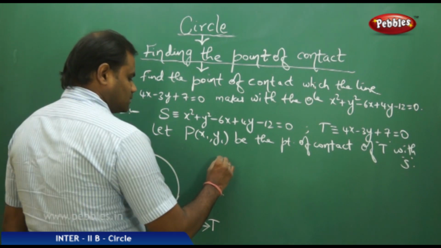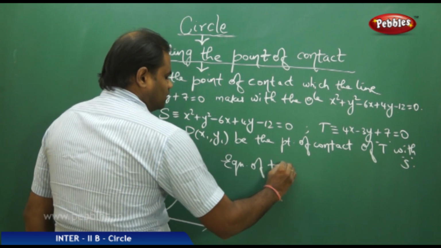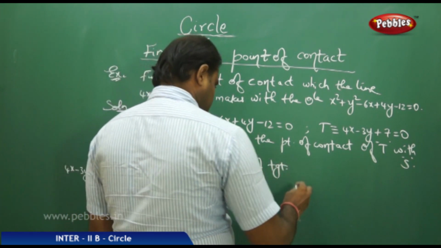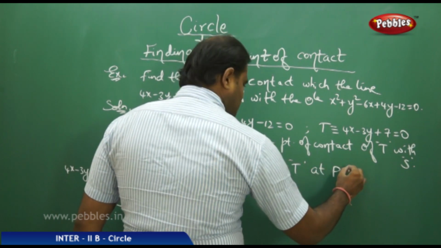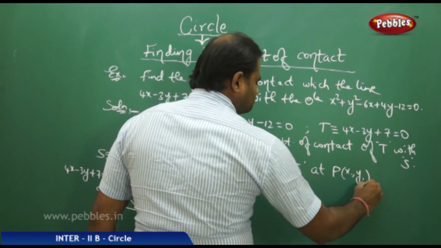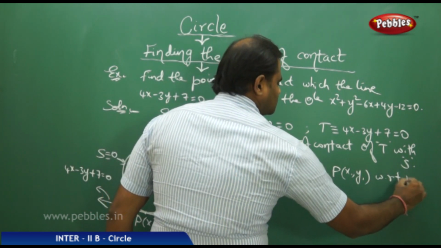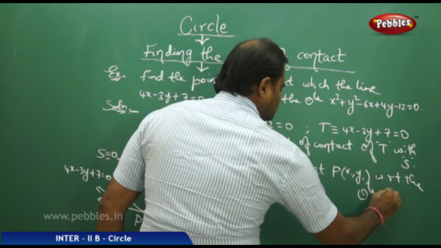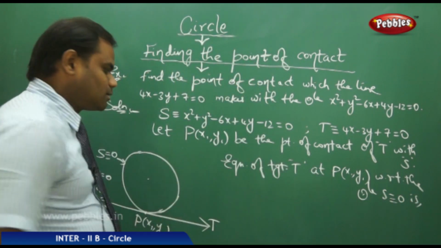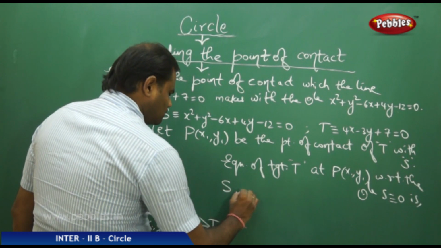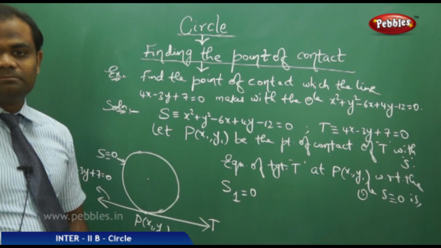Now we know that the equation of tangent T at P(x1, y1) with respect to the circle S equal to 0 is given to be S1 equal to 0, which we know through the formula.